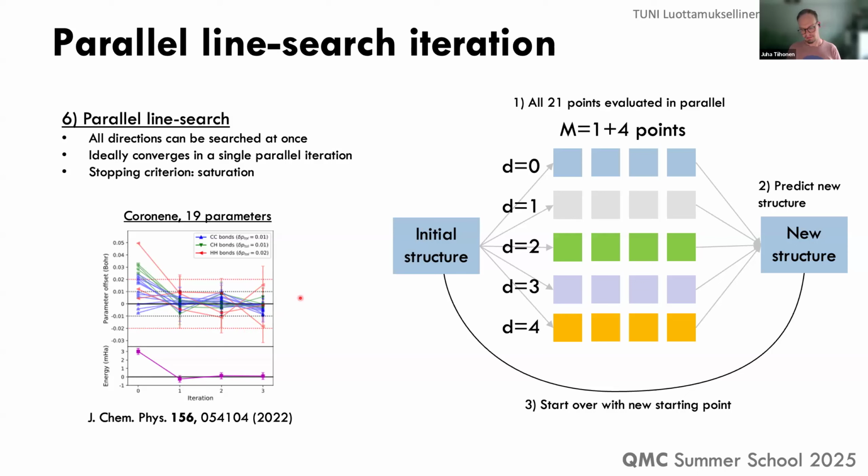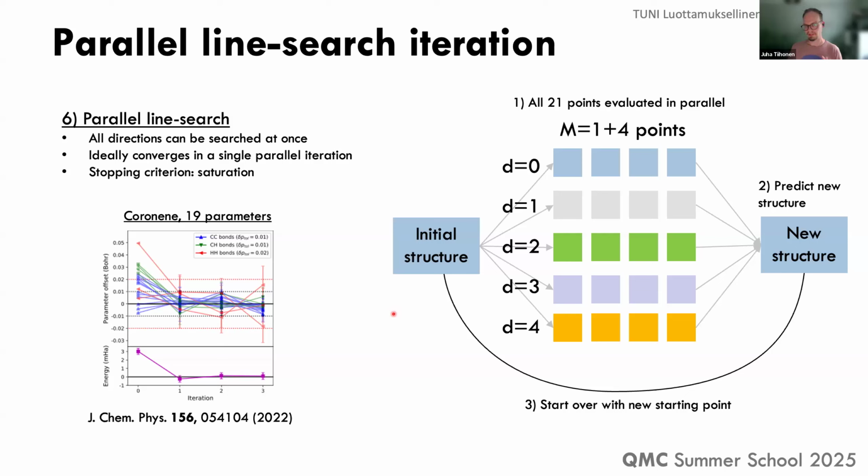On the side of laying out this computational problem, since all the points of a parallel line search can be evaluated in parallel, this means that it's very practical to do this on supercomputers. We don't have to wait for any individual line search.